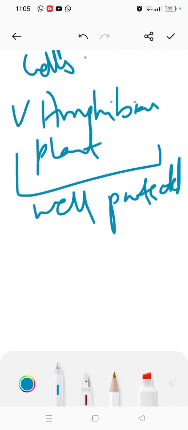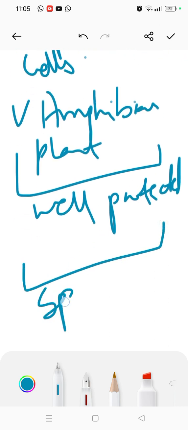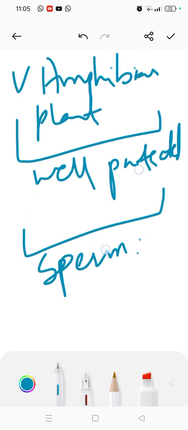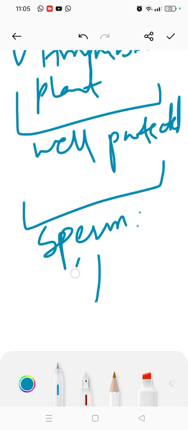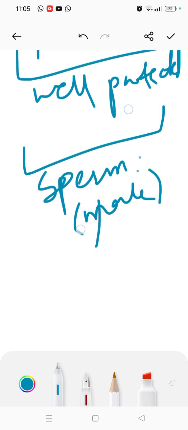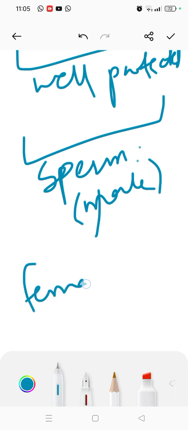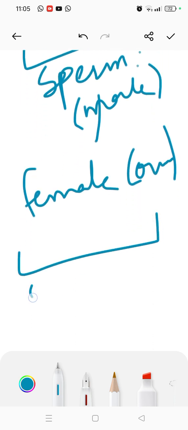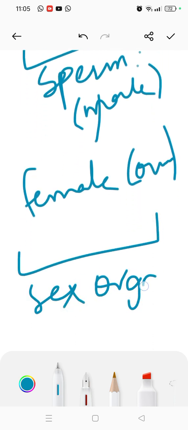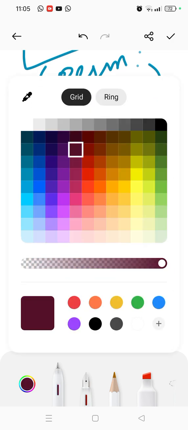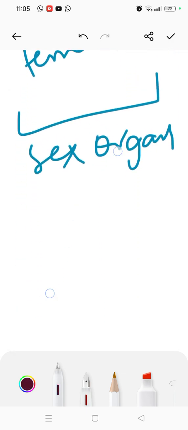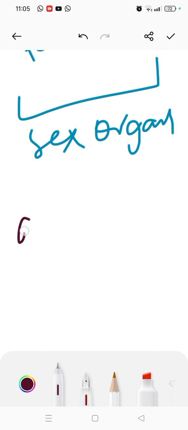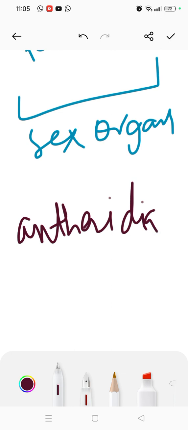The male gamete, which is the sperm, and the female gamete, which is the ovum, are both produced in multicellular reproductive sex organs called antheridia and archegonium.